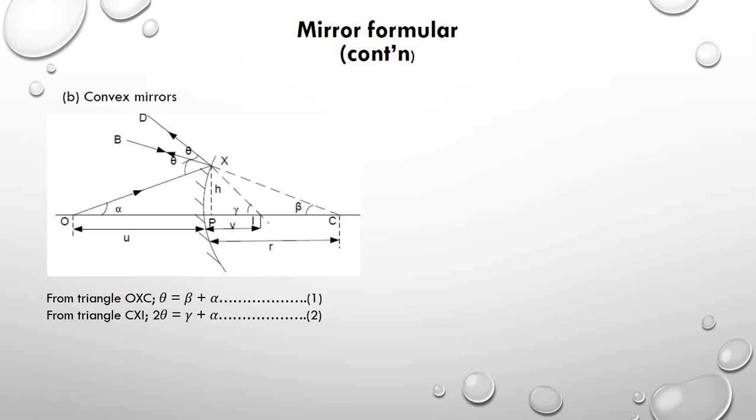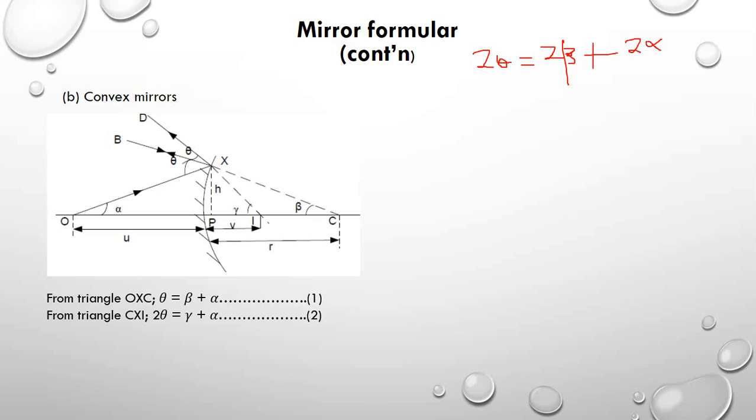So we shall have twice theta is going to be equal to twice beta plus twice alpha.